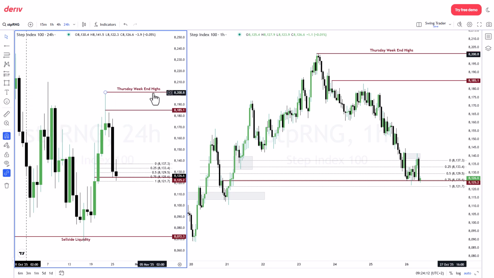Okay, Thursday weekend highs, that's our buy side liquidity pool, the highest high during this particular movement, right? Friday, Saturday, they tend to be a retracement.